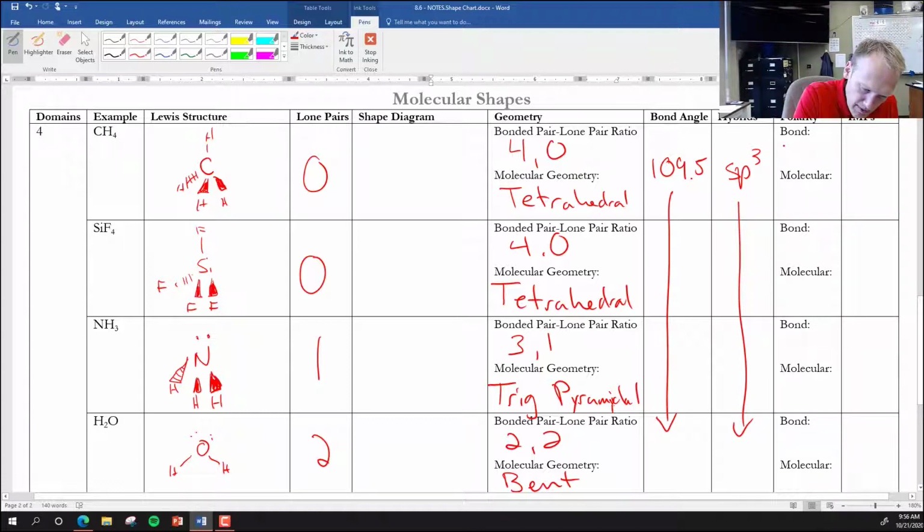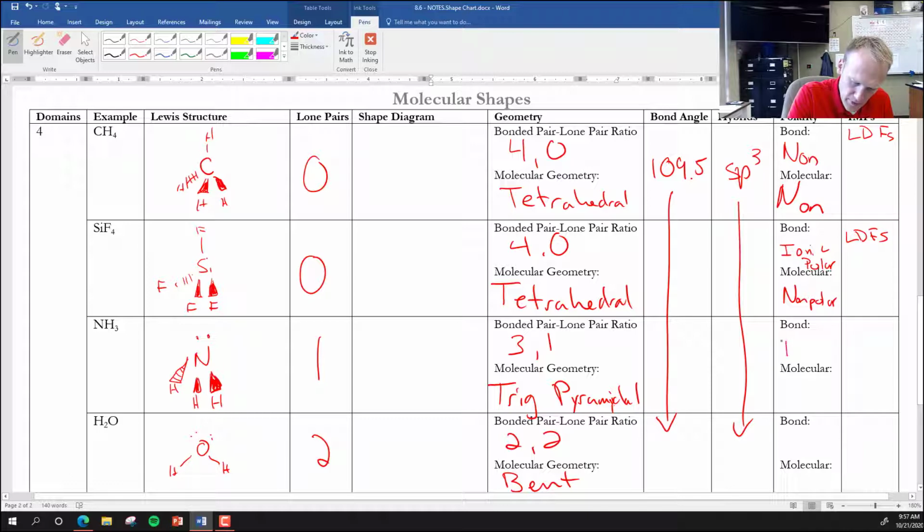The bond polarity for CH4 is nonpolar, therefore the molecular polarity is nonpolar, and therefore it would just have LDFs. For silicon fluoride, this would be technically ionic, meaning it's polar, but because it's tetrahedral, it's still a nonpolar molecule, and therefore it's only LDFs.